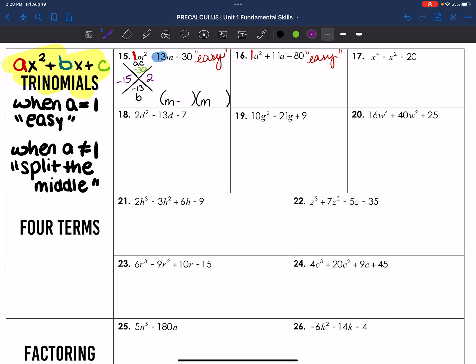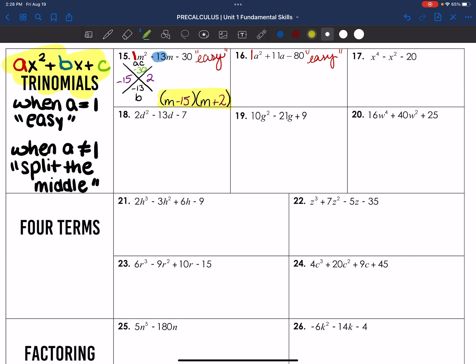But those two values are the values that will finish our factors. So we've got our answer, we've got our two binomials that when multiplied together are the original polynomial. And we used the cross to help us find the constants in our binomials, just as a way to organize our thoughts. So why don't you guys try problem 16, and then we will check it together.